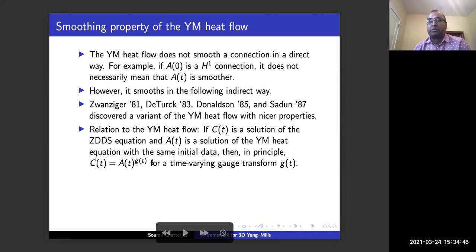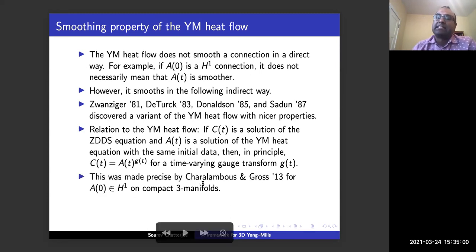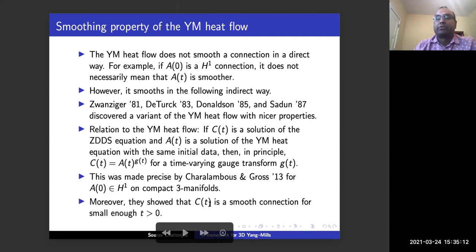So this new equation is evolving differently, but on the quotient space it's the same evolution. This was made precise by Charalambous and Gross, if A0 is in H1 on a compact 3-manifold, at least for small enough time. And moreover, they showed that C_t is smooth.